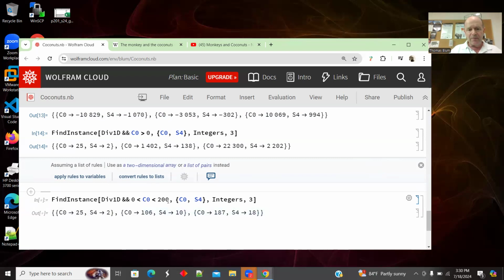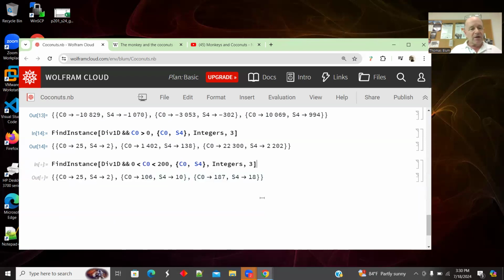That might be too restrictive. I think it would be too restrictive if I were doing the 5 sailor problem, but for the 3 sailor problem this was fine. And again, my main thing is not to solve this problem, it's been solved, but to show you how to work with Wolfram Cloud. Here I'm finding an instance, since there's an infinite number of solutions, just some of them.